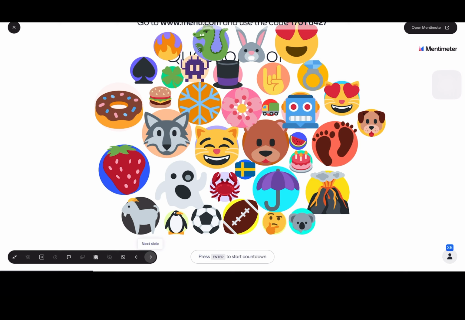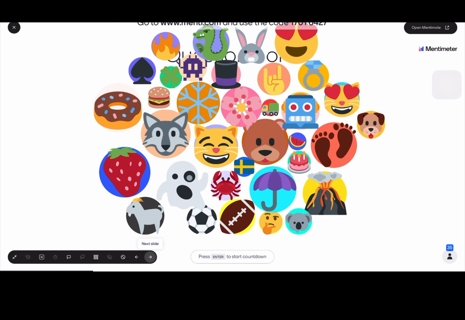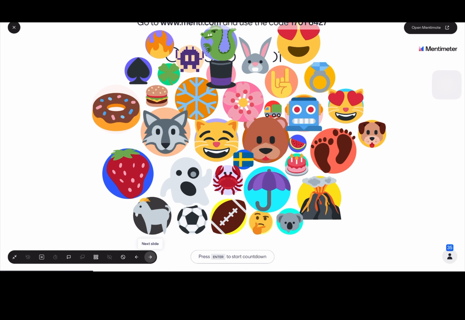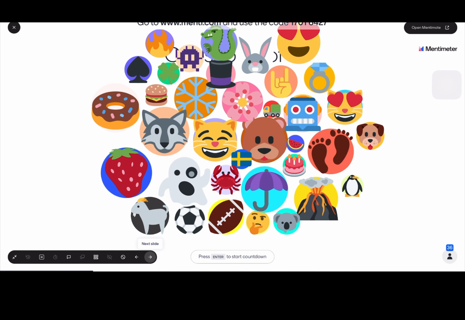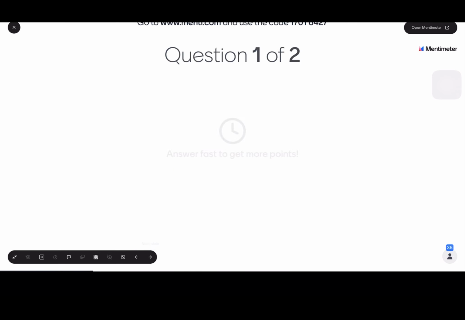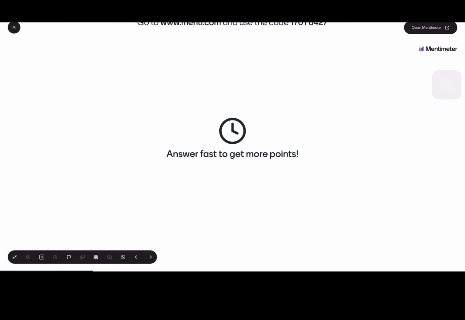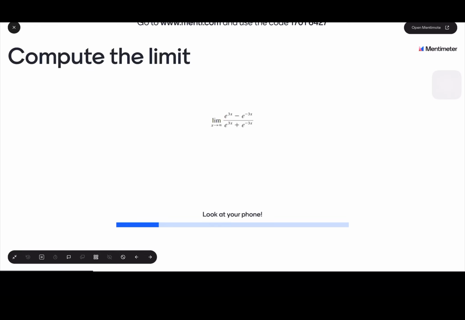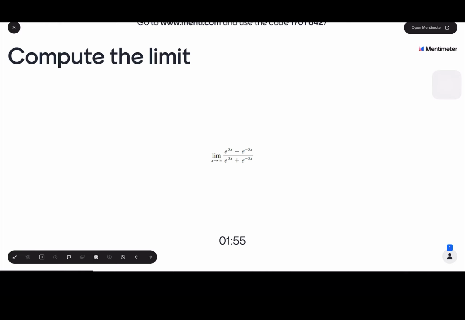If not, then it will be very fast. Okay, let's go for the first one. It's too small if you see from here, so you can see on your screen. I hope 2 minutes is okay.